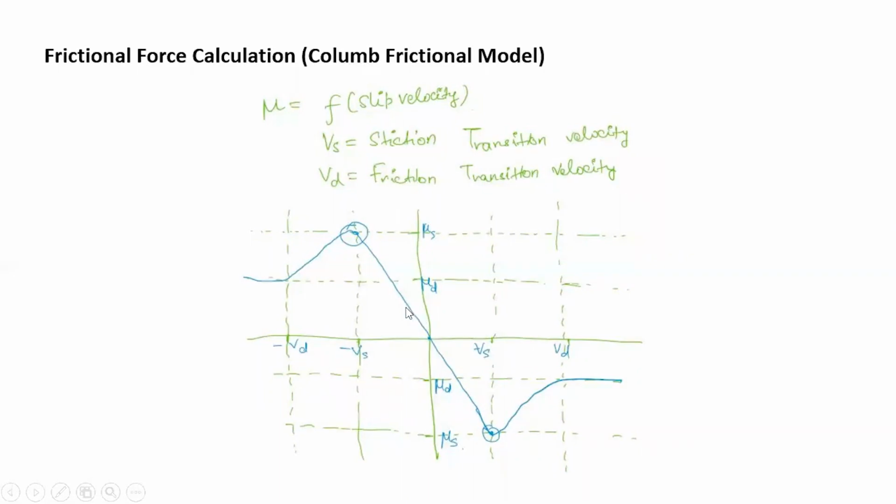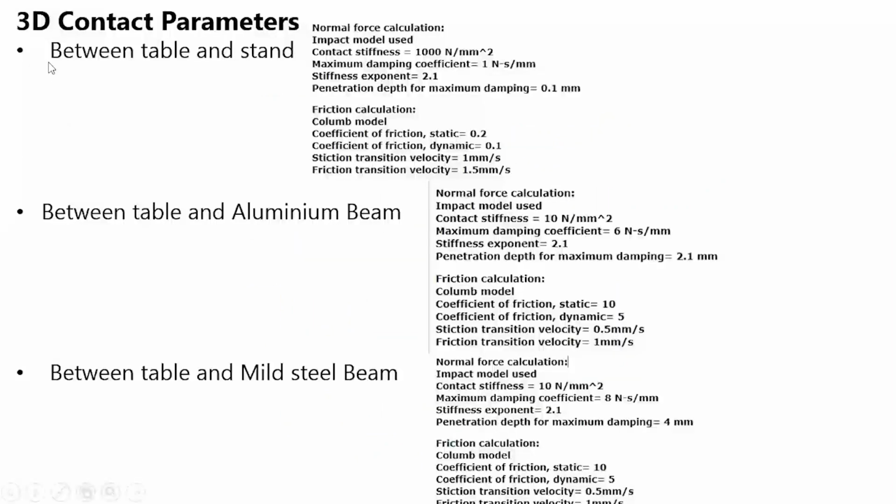And there are four inputs required in this particular model. The inputs are this friction transition velocity, the friction transition velocity, and the values of the static coefficient of friction and the dynamic coefficient of friction. As you can see, these are the 3D contact parameters between the table and the stand.